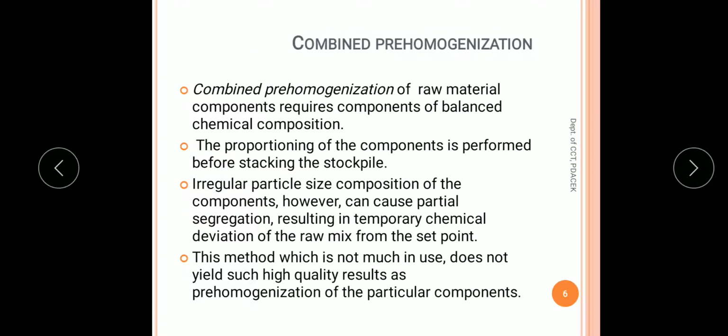In combined pre-homogenization, the raw material components require a balanced chemical composition. The proportioning of components is performed before stacking the stockpile, and if there is irregular particle size composition of the components, it can cause partial segregation, resulting in temporary chemical deviation of the raw mix from the set point.